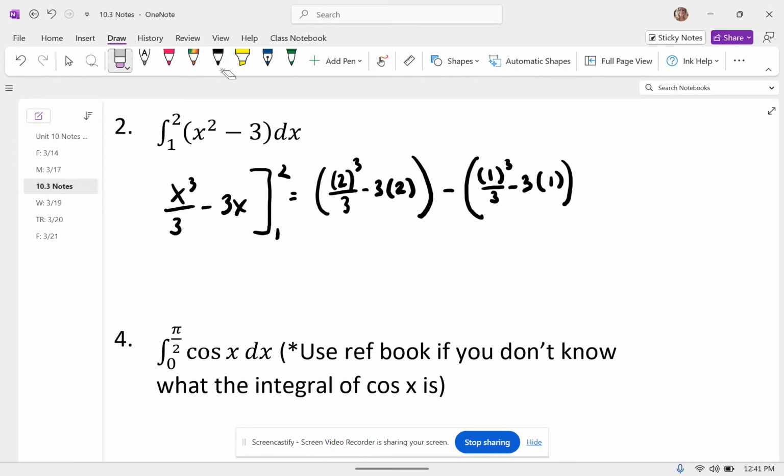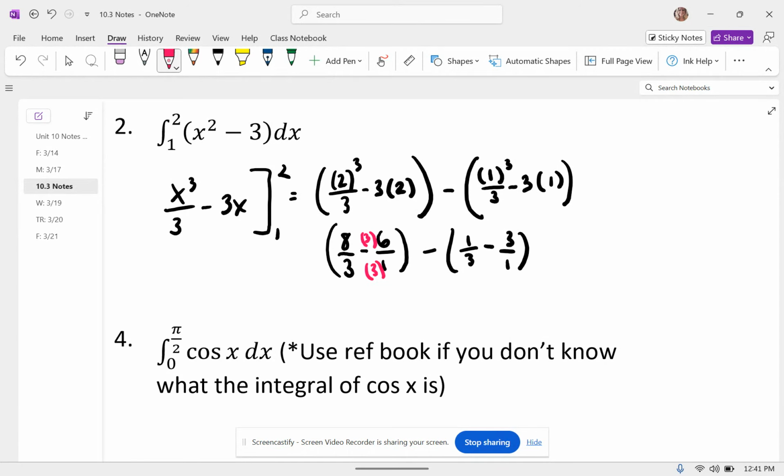Actually, let's simplify this in the next step before we keep going. Okay, so I get 8 over 3 minus 6 over 1. What are we going to have to do in order to combine these? Times 3 to both of them. Yeah, let's get a common denominator.